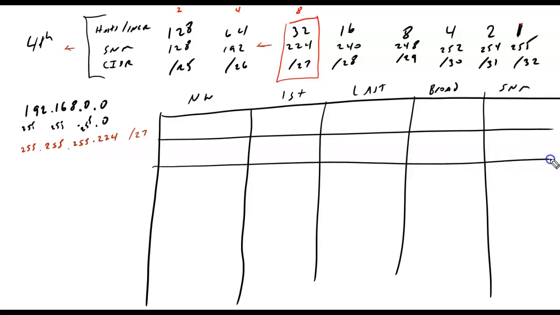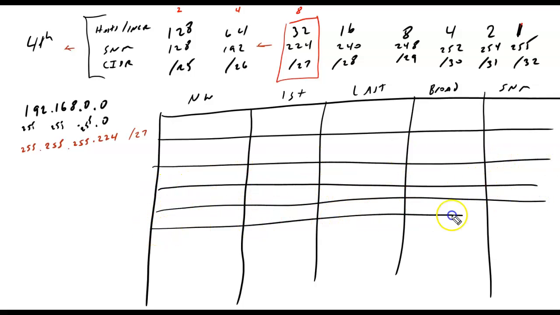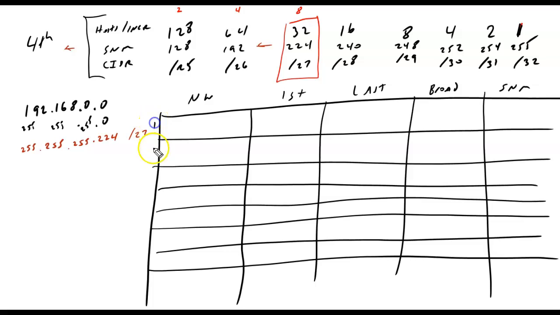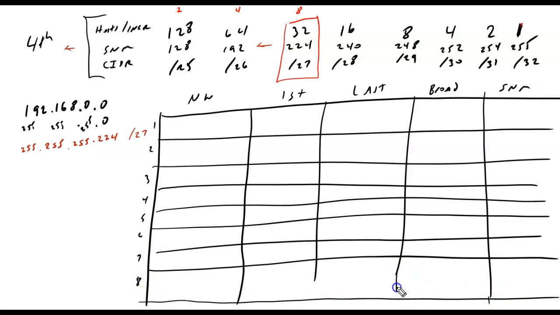We know already that this is going to be 8 networks. So I've got 1, 2, 3, 4, 5, 6, 7, 8 networks. I'm going to put another line down here, and you'll see why in a little while. Okay, what's our first network?